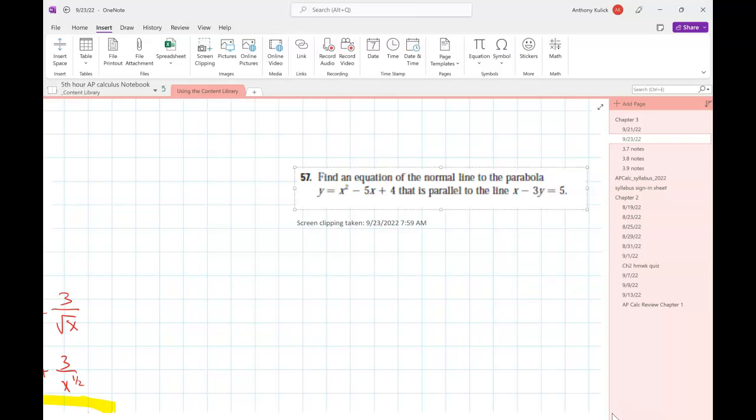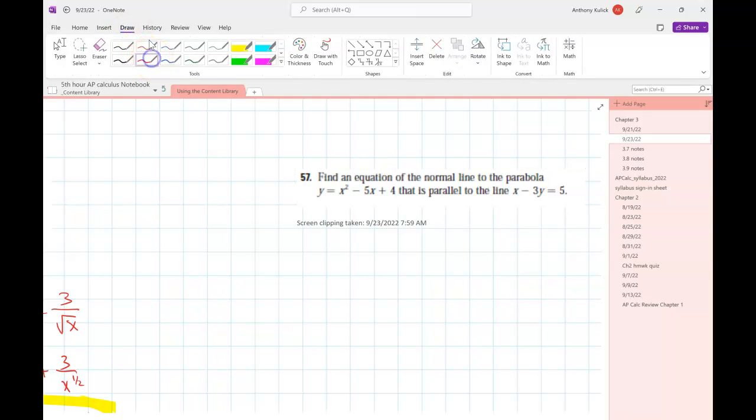All right, it says find the equation of the normal line to the parabola that is going to be parallel to the line given. Okay, so first things first, I need to take this line and figure out its slope, right?